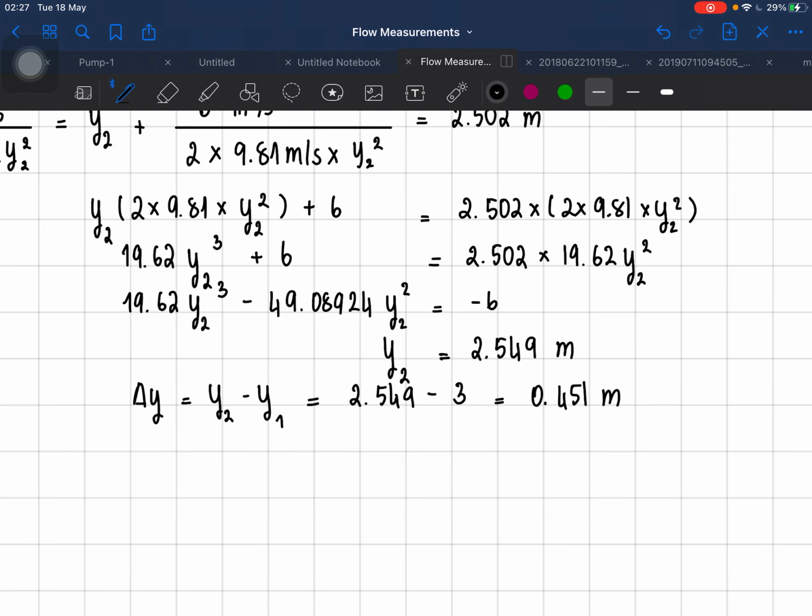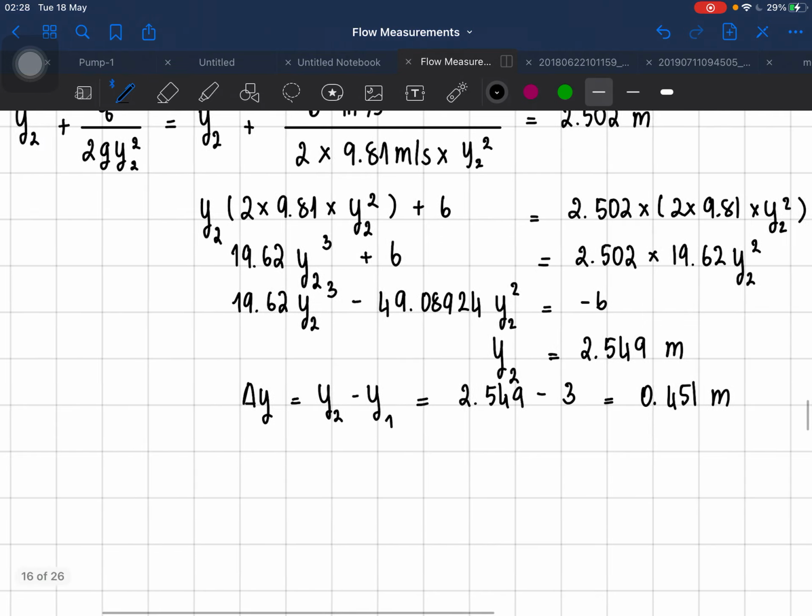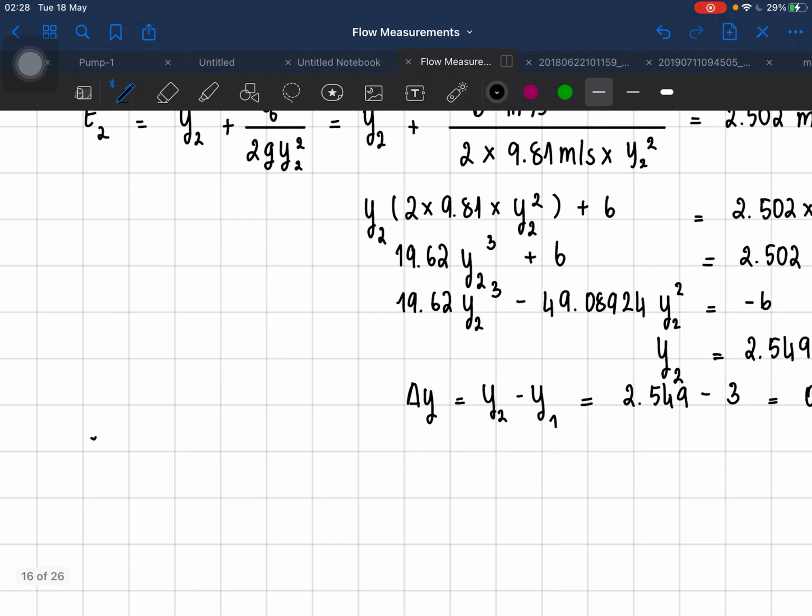Okay, so now we can find E2. Actually, for this E2, we're trying to find the downward step of 15 centimeter. So let's write like this: downward step of 15 centimeter.